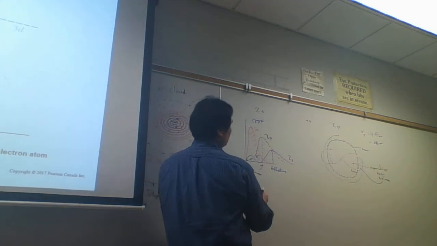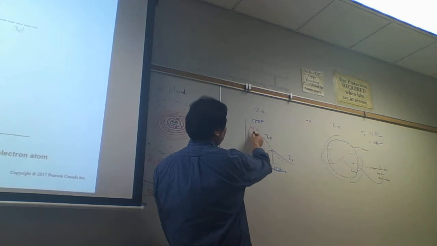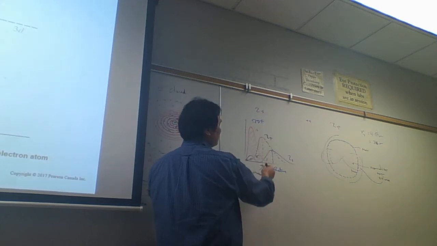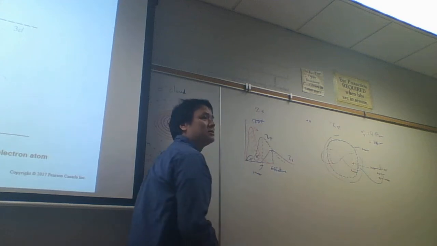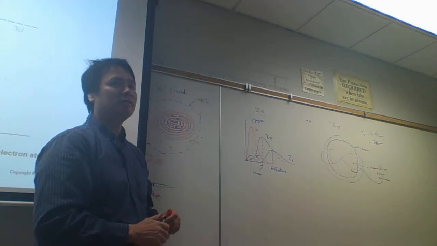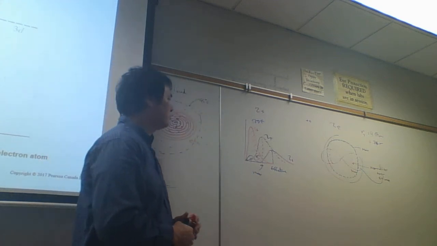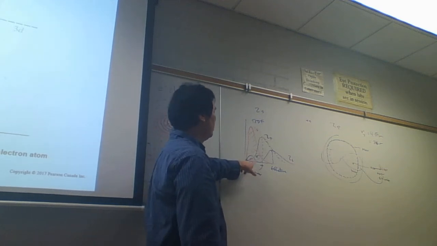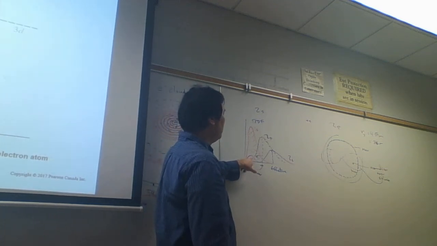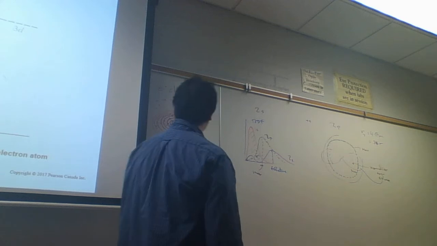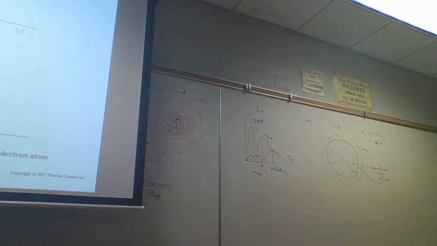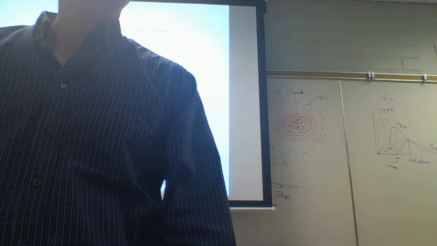And so this is what we call shielding. When we have the 1s electrons here, all of a sudden the 2s and the 2p are no longer the same energy, even though they have the same effective distance. The reason is because they have different penetrating abilities. The 2s are much more penetrating. Since the 2s are much more penetrating, they're going to be lower in energy than the 2p. The 2p are less penetrating. And so we break this down into what's called Z effective. How much of the nuclear charge does that electron actually see?